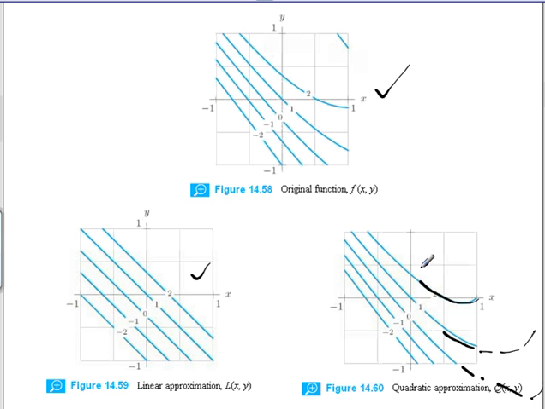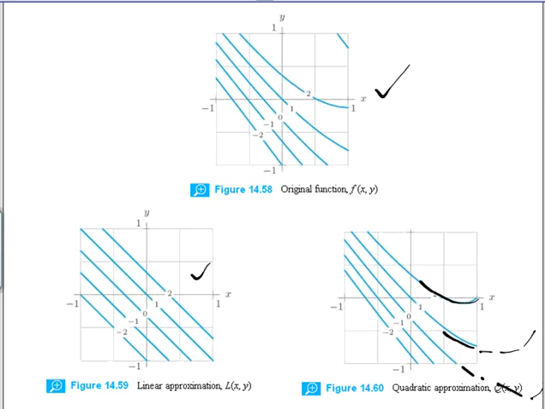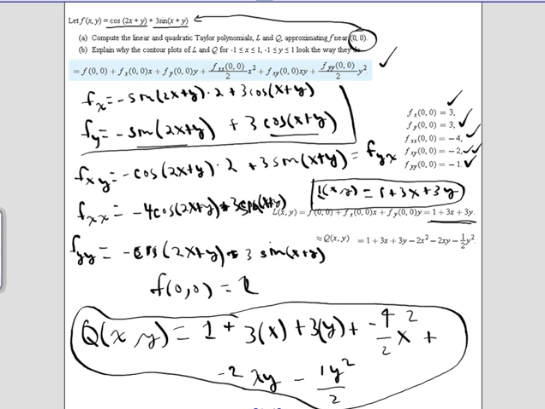So the higher order Taylor approximation, the more accurate it will be. Going back to what we just did, we found both the first and the second order Taylor approximations of this curve.